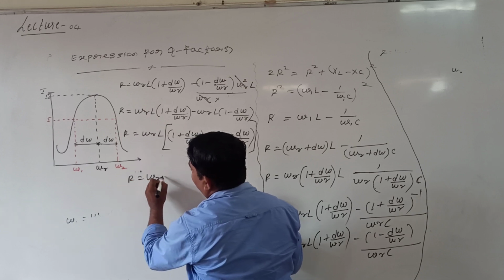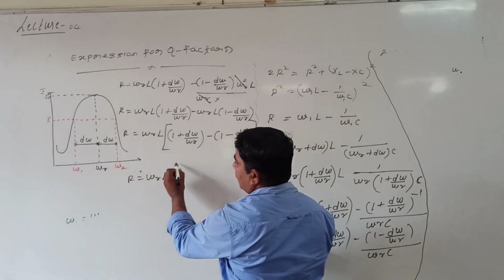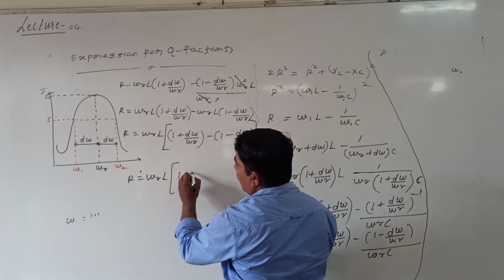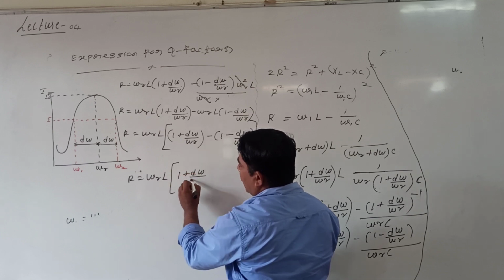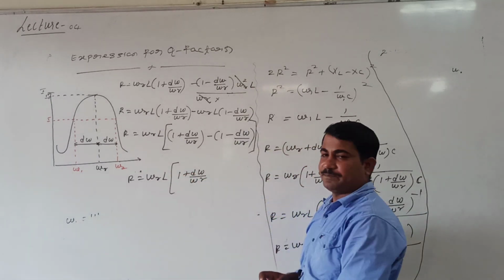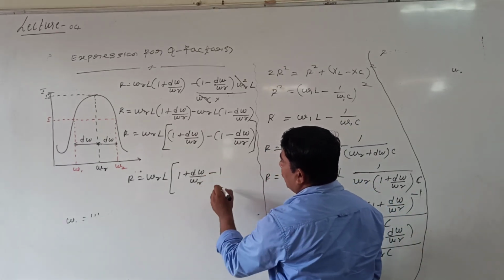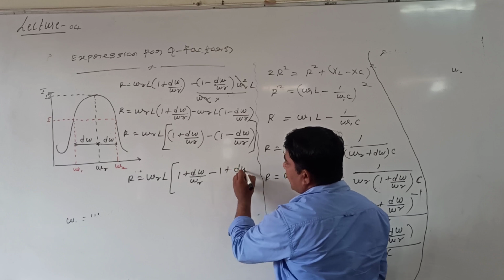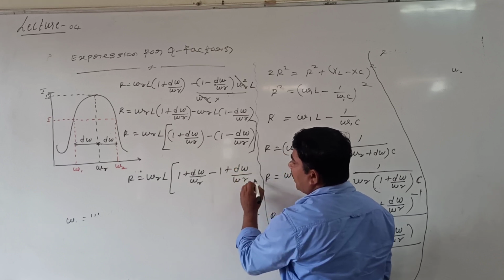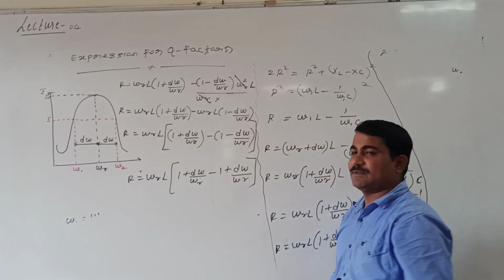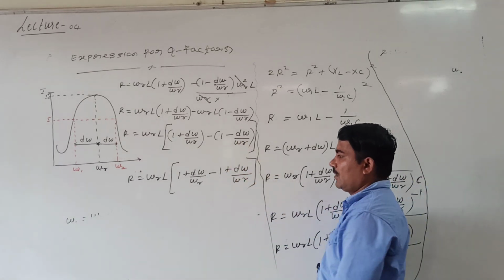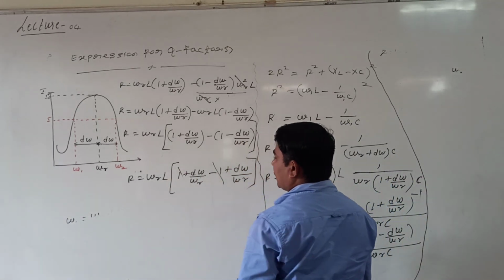R is equal to omega r into L. See here how it becomes then? 1 plus d omega divided by omega r minus 1 plus d omega divided by omega r. Are you following me? I open this bracket. Minus 1 plus 1 get cancelled.